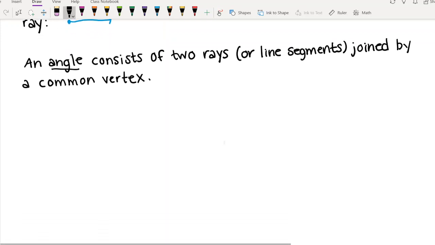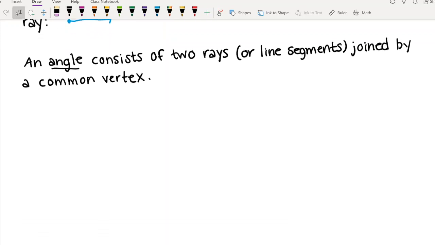So I'm going to write a little bit more here to get more into what an angle is, but I'm going to start to draw a picture down below here. So basically what I mean by this is that you have one ray and you have another ray and they're connected to each other via a point that we're calling the common vertex. So when you have an angle, it totally could just be two line segments instead of two rays. For example, in yesterday's lecture, when we were talking about triangles, we were talking about angles within the triangles, right?